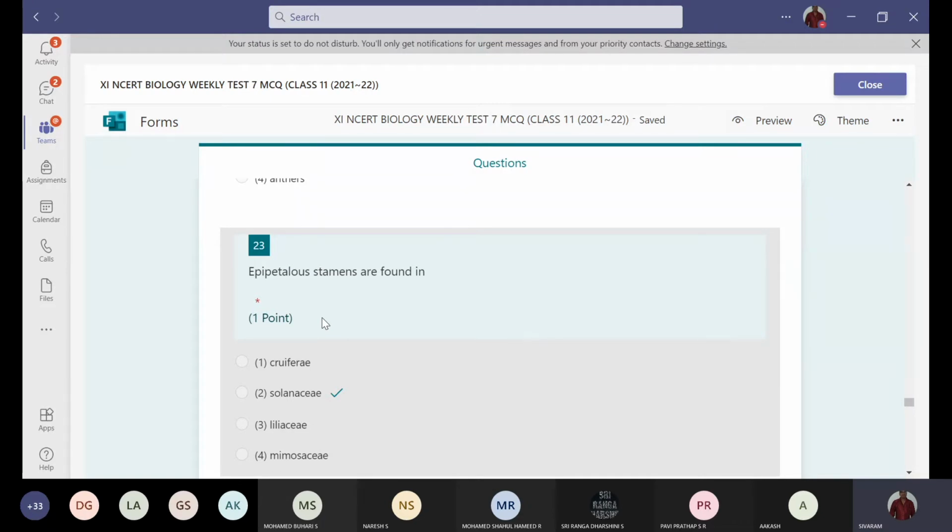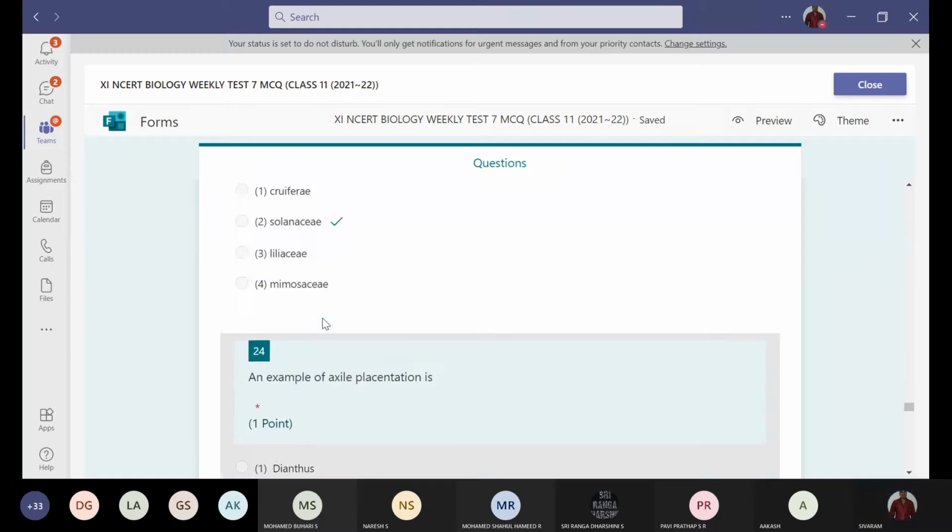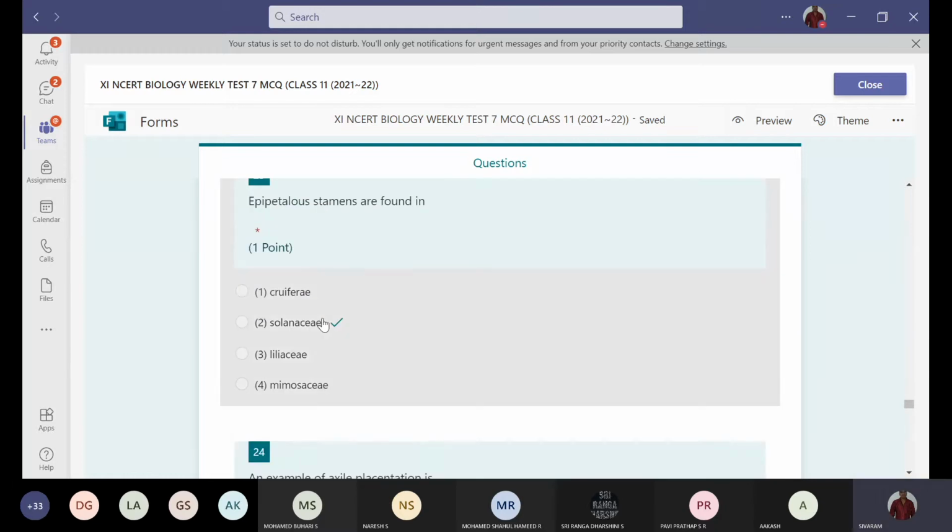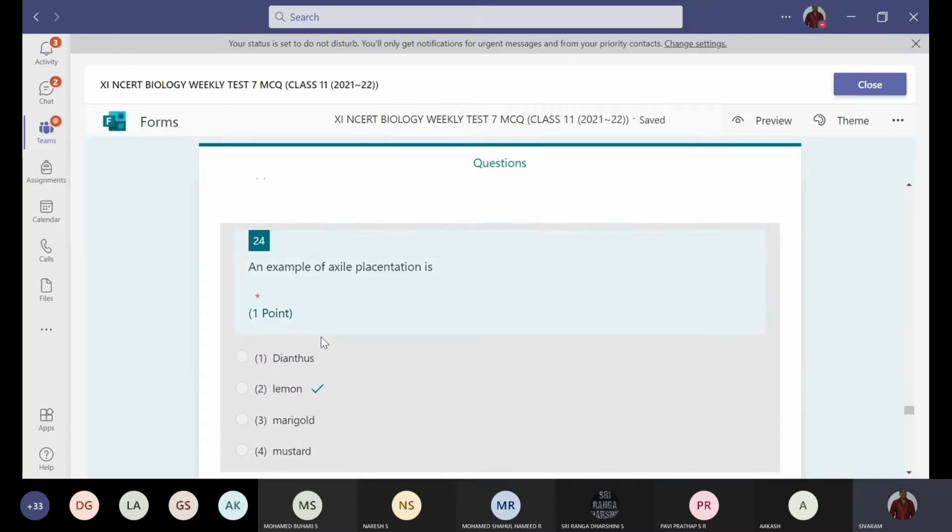That's why we call it epipetalous. In case of Solanaceae, Datura, Solanum tuberosum, Solanum melongena, Solanum nigrum, we'll observe this epipetalous condition.